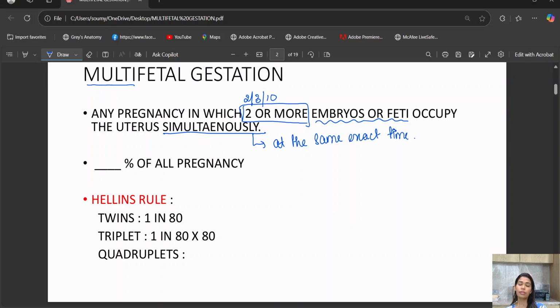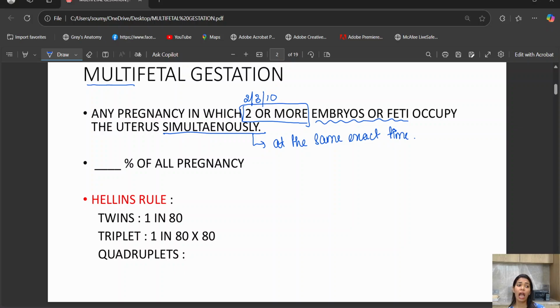Okay. So now we've defined multifetal pregnancies. We've said it is any two or more embryos or feti occupying the uterus simultaneously. We are saying embryo or feti because even if it's a very small feti, that was initially there were two feti and then maybe one didn't survive, we will still categorize it as a multifetal gestation. Okay.